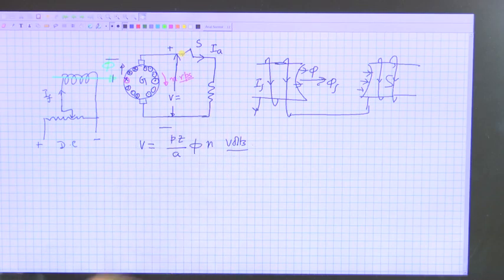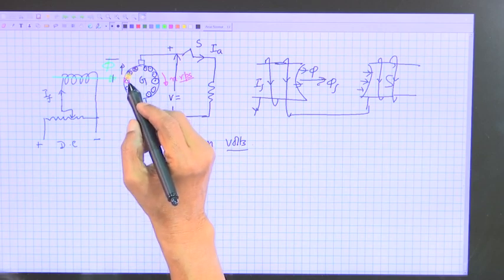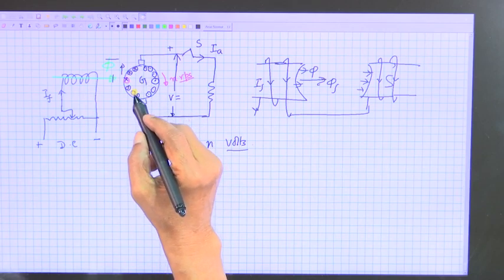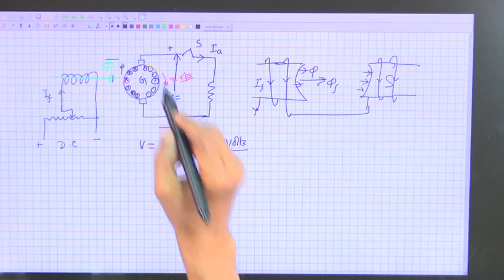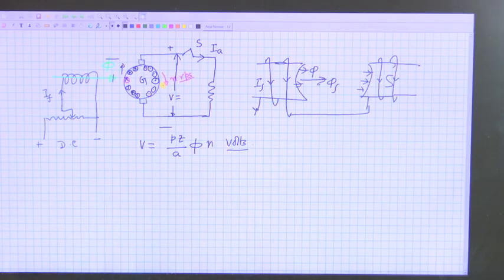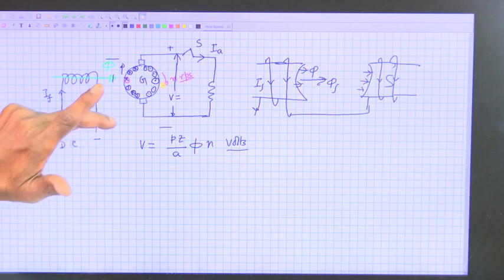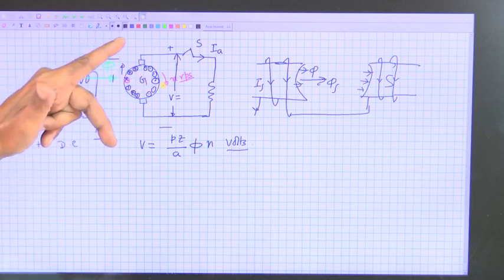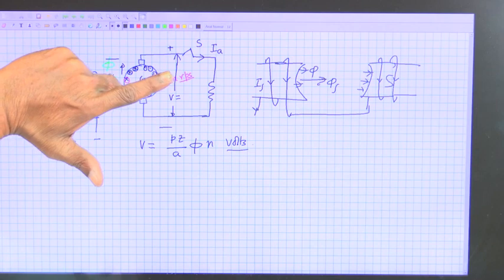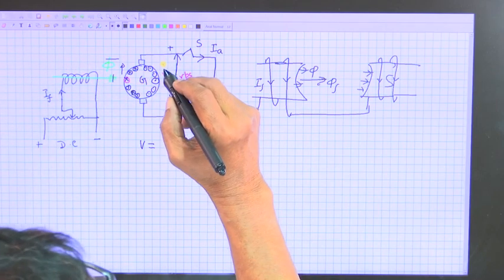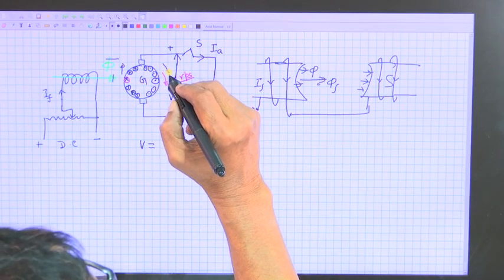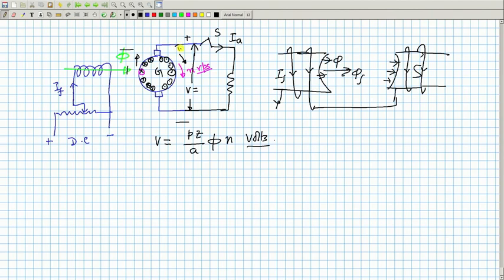The moment you close this switch, you see there appears current in this direction, all the conductors here cross and dot. If that be the case, then they will experience force, and once again I will apply the right hand rule to find out the direction of the force. Mind you, the prime mover is giving a torque in this direction, T p m, the torque by the prime mover.